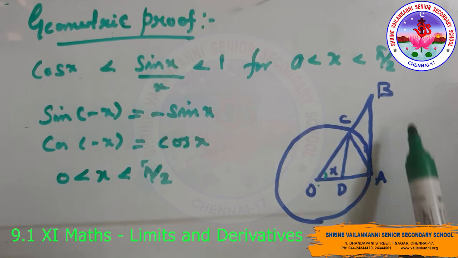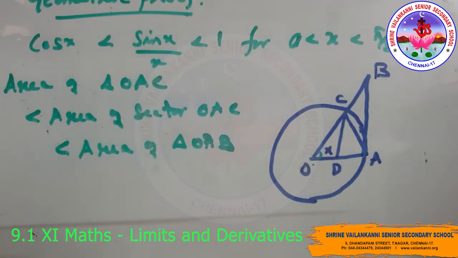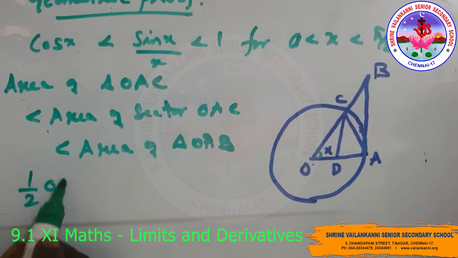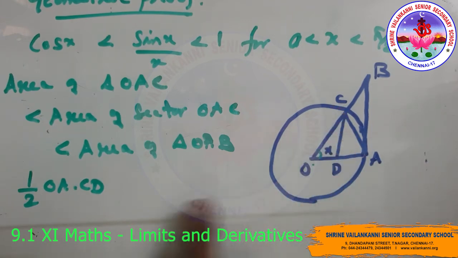Line segments BA and CD are perpendicular to OA. Further, join AC. Then area of triangle OAC is less than area of sector OAC is less than area of triangle OAB. Half OA into CD is the area of triangle OAC, base into height.